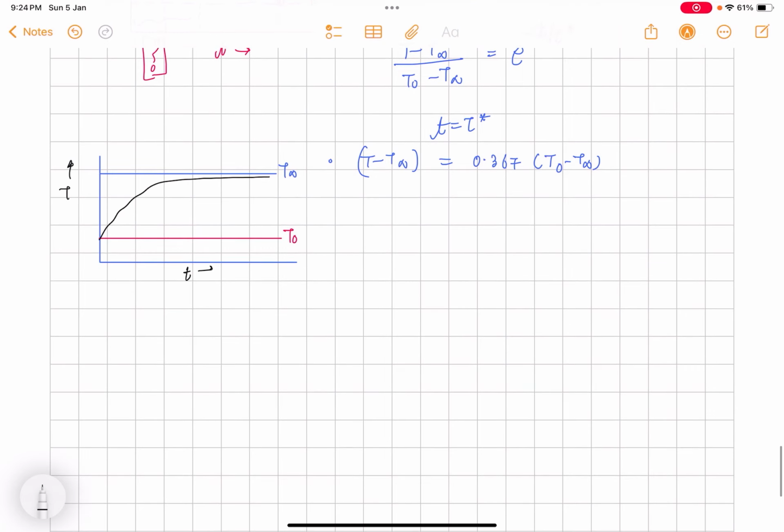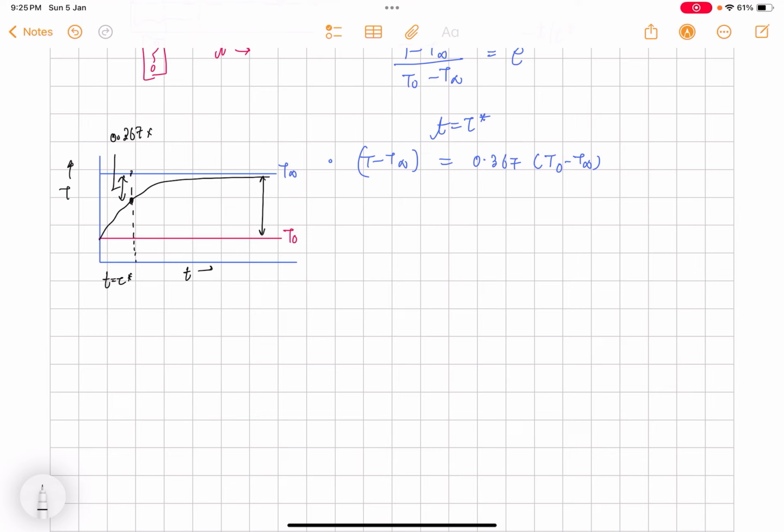At t equal to tau star, T minus T infinity is 0.367 times the initial temperature difference.